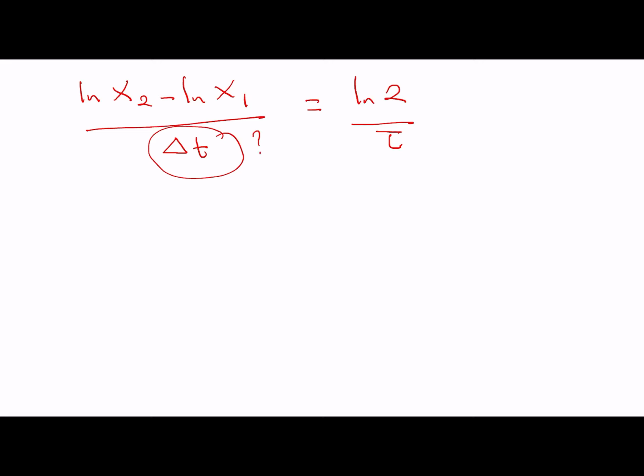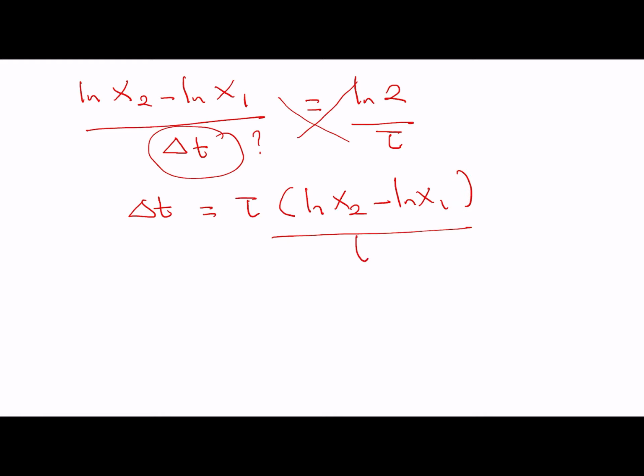Same thing as we did previously, cross multiply, and then after you cross multiply, you should end up having that. I've skipped a couple of steps because I believe you can figure it out. Change in t equals tau times ln x2 minus ln x1 over ln 2. So all we just need is to substitute our values. Remember, anything that has to do with time, you must always convert to hour.